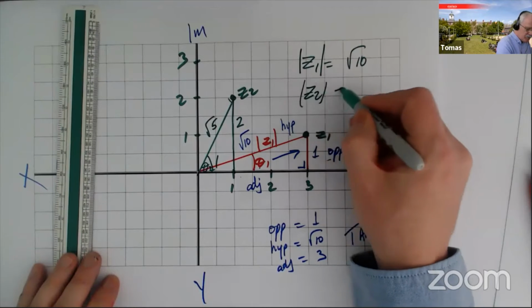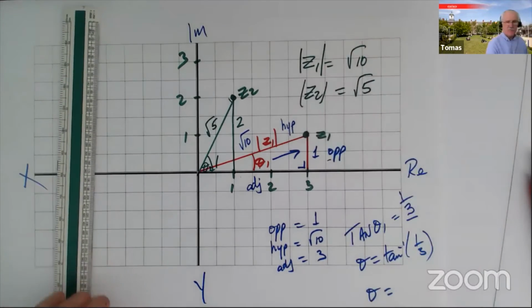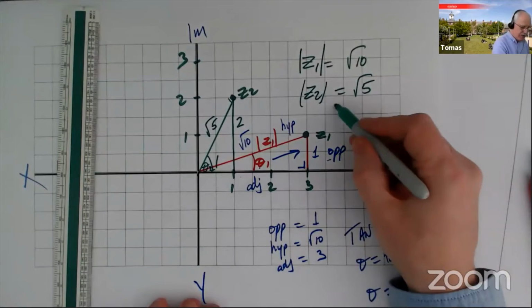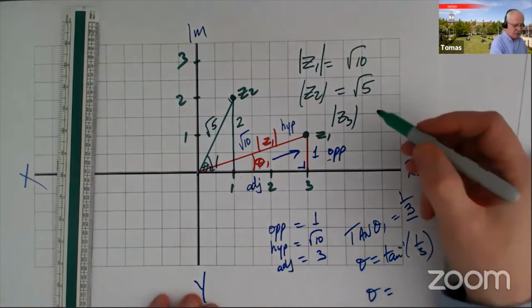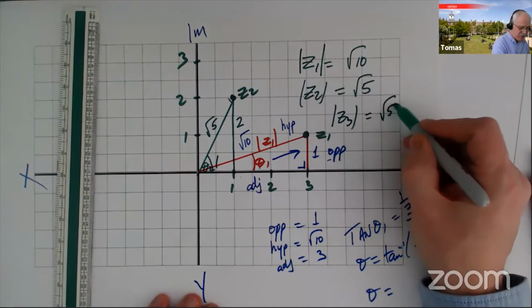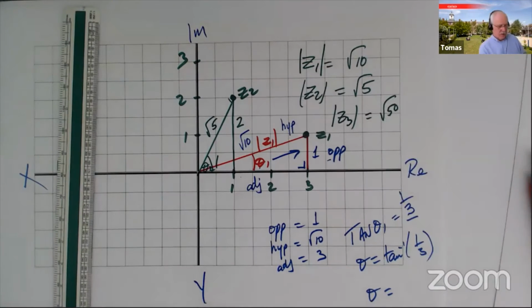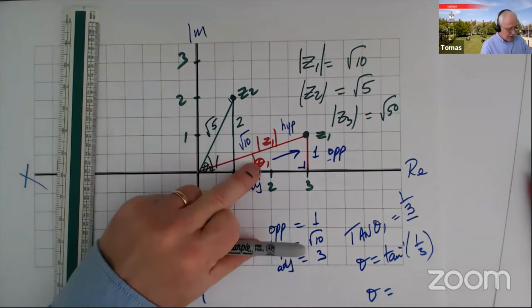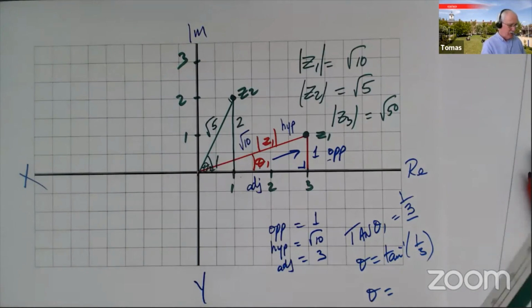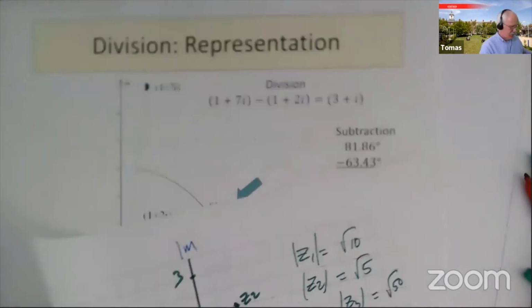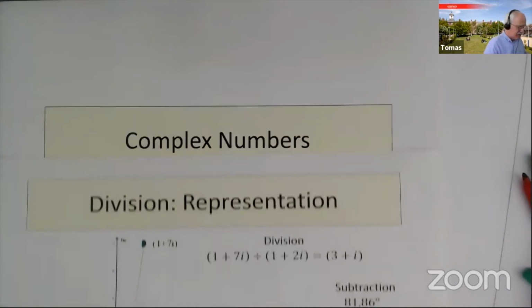Z2 must be the square root of 5. So what's Z3? One thing times the other. And the square root of 10 times the square root of 5 happens to be the square root of 50. Okay, and that's the way that works. And the same for the angle. We could find that angle, find the other angle, and add them up. So that's how all that will be done. So that's complex numbers.